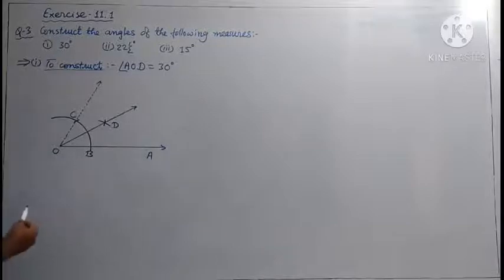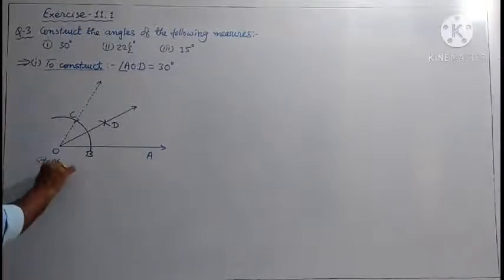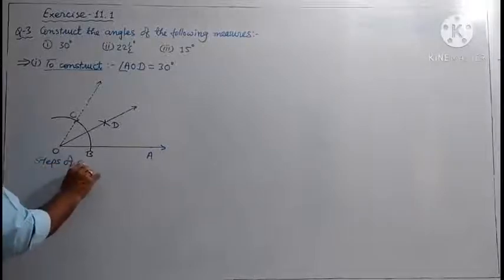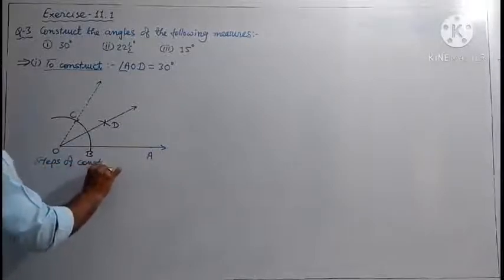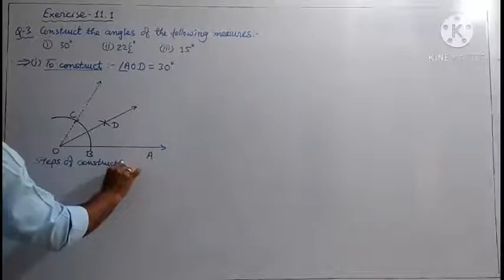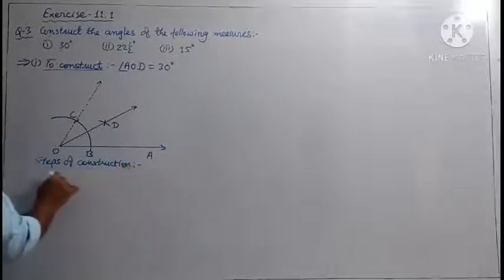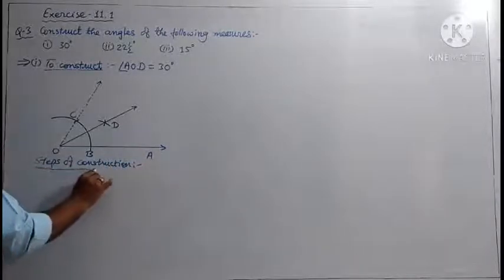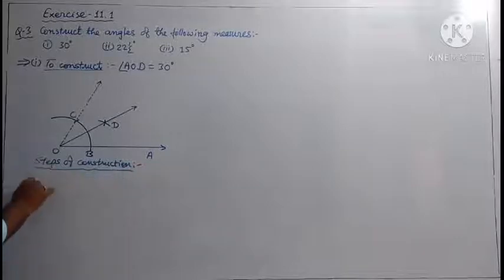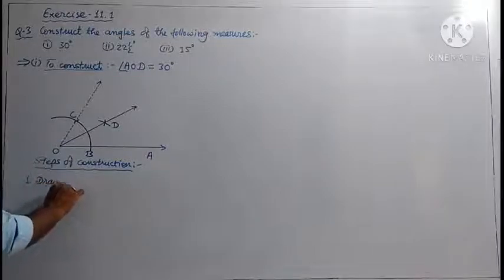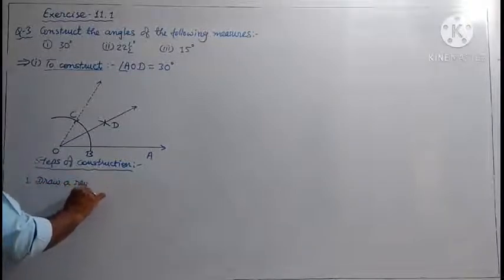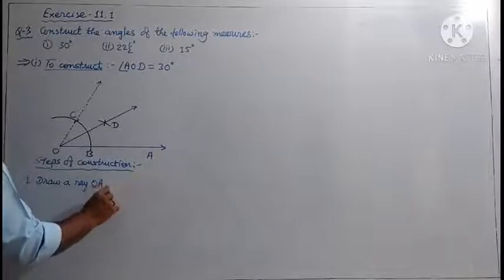So write the steps of construction here. Steps of construction. First of all, what we have to do? Draw a ray OA.